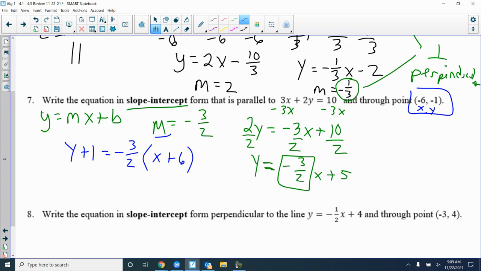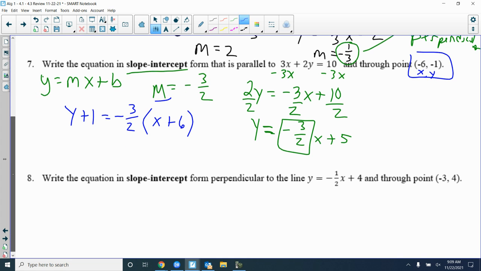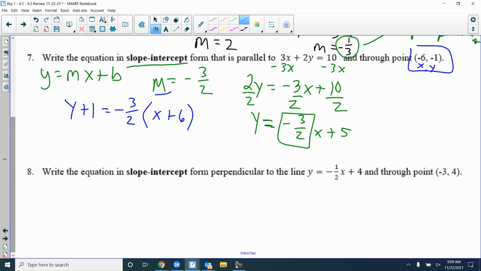Okay, Diana. Now what? You would distribute that, right? Okay, what do you get? Y plus 1 equals negative 3 halves x. And what's 3 times 6? Negative 9.